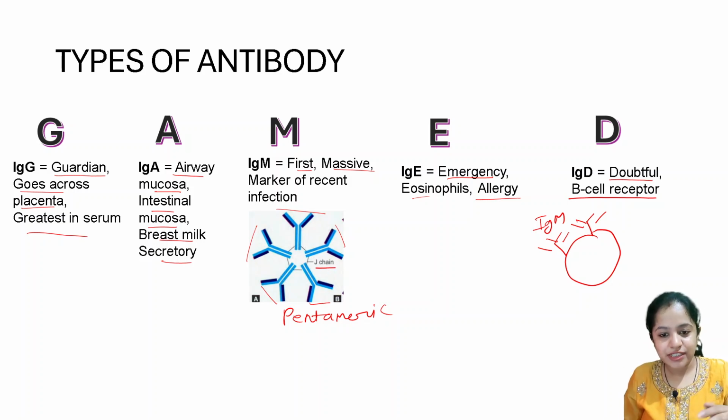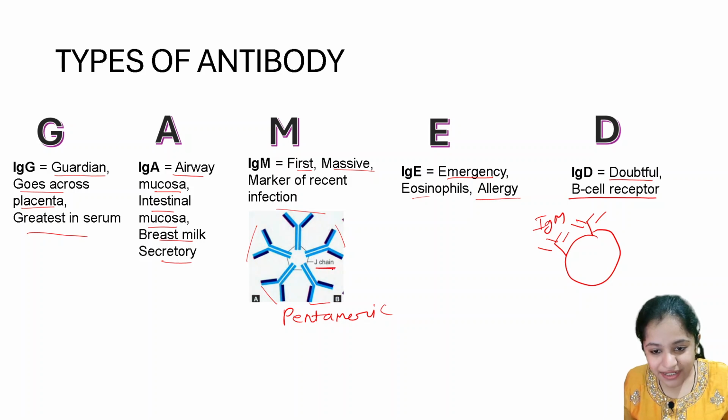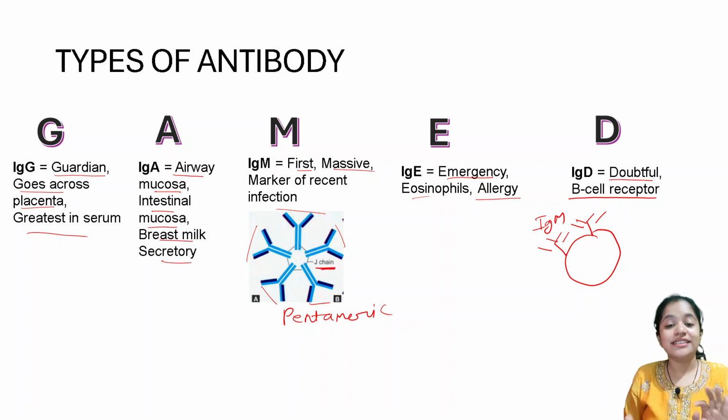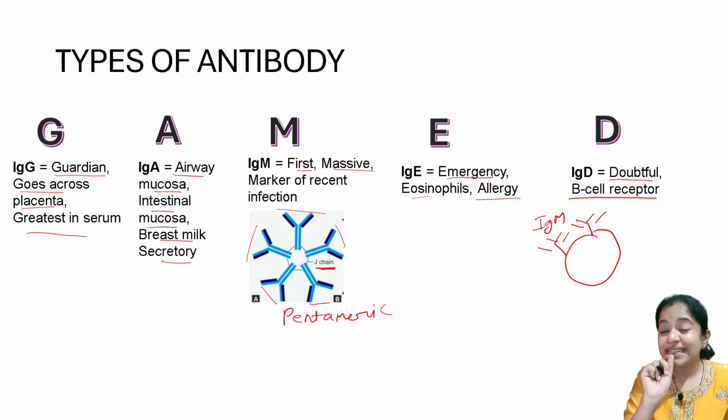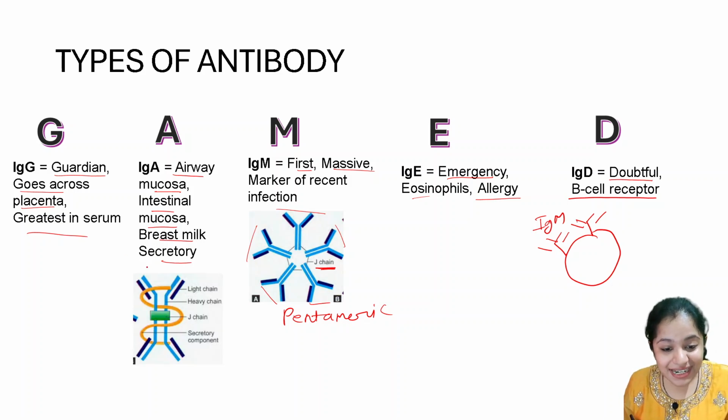Now in your MCQs you can get this figure and they'll ask which antibody is this? Remember, it's the IgM. And if it asks you to identify this chain, what chain is this? This is the J chain. Now IgA also exists in two forms. When it is present in the serum, it's in monomeric form. That means only one molecule of immunoglobulin is there. But when it's present in the secretions, it is present in the dimeric form.